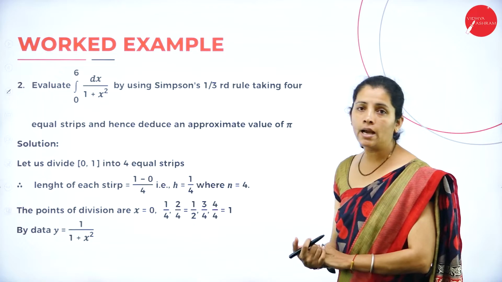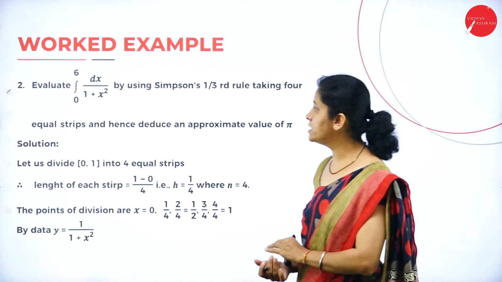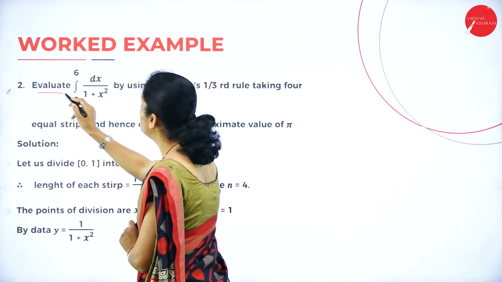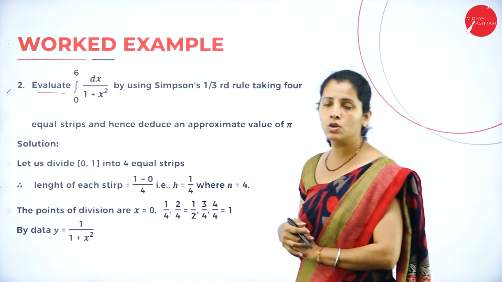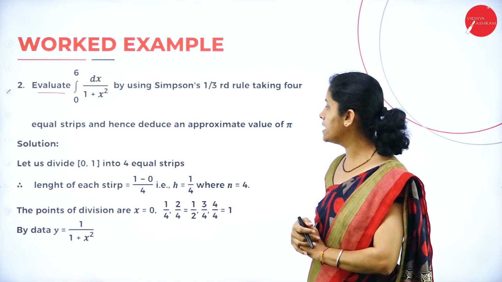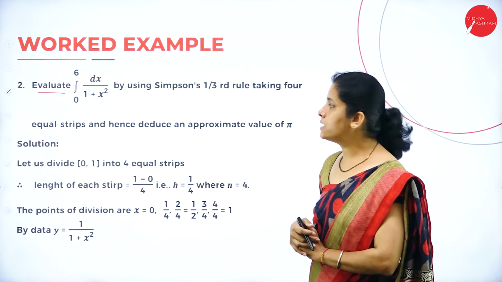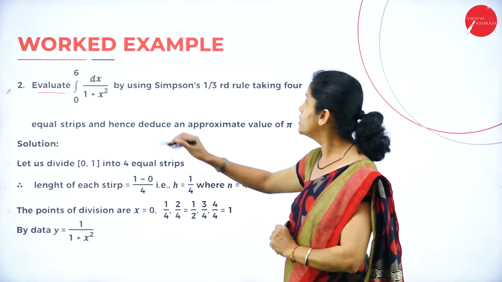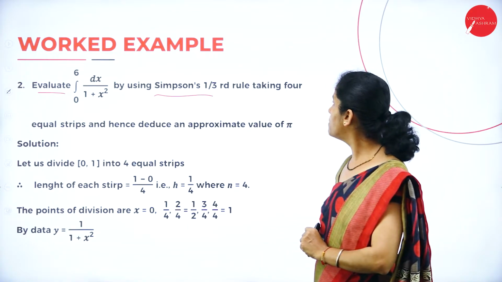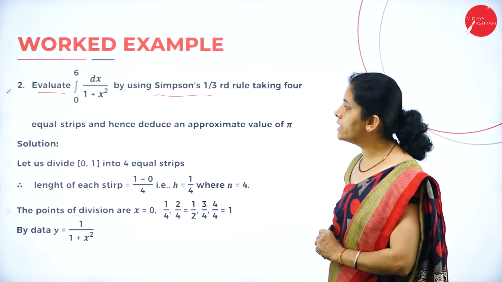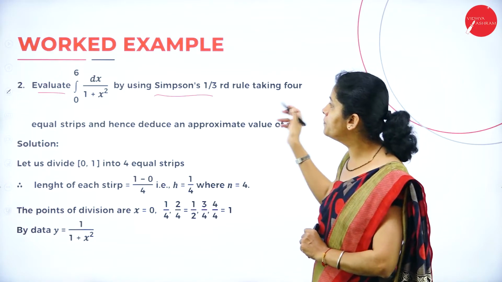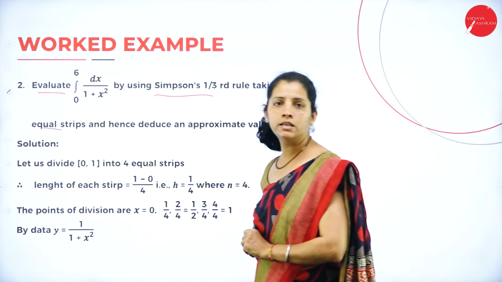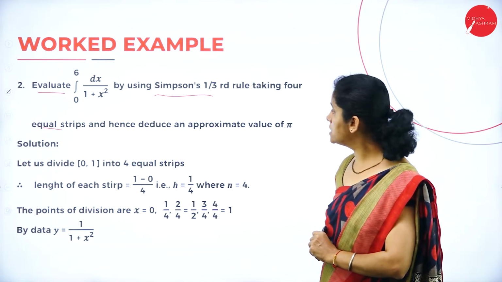Now, dear student, I'm going to have another question here, that is evaluate the integral from 0 to 6 once again, dx divided by 1 plus x square, by using Simpson's 1 by 3rd rule and taking that into how many strips? 4 equal strips.